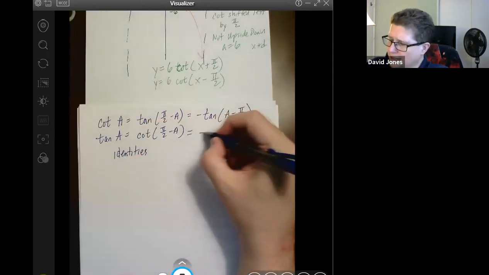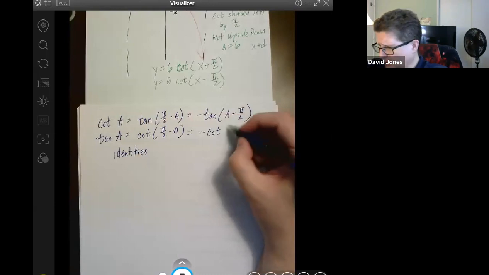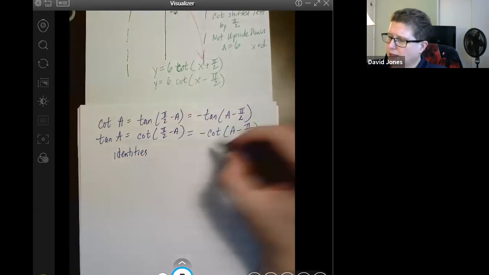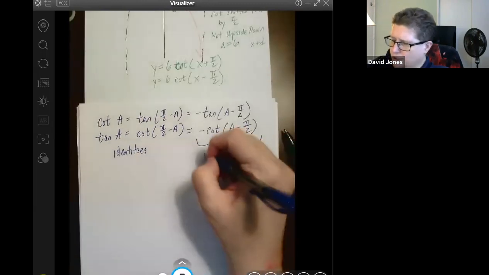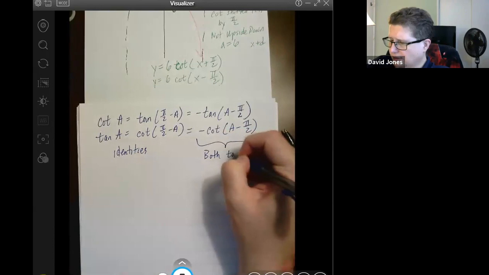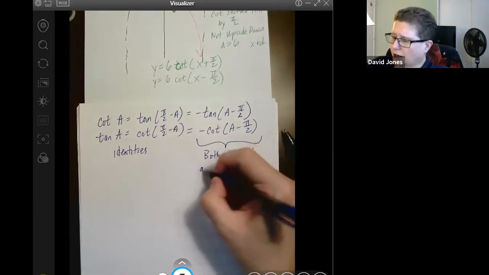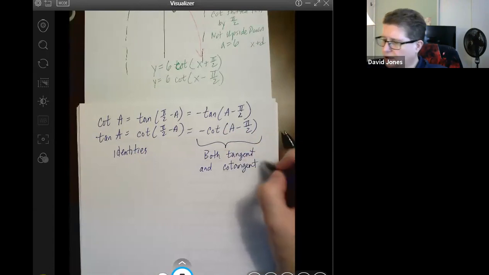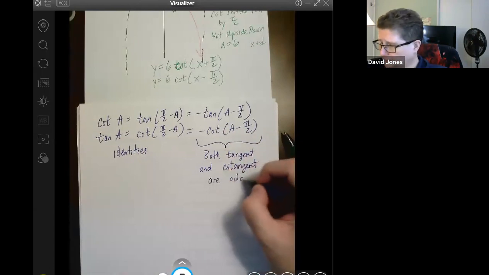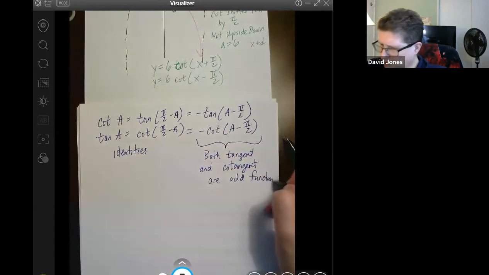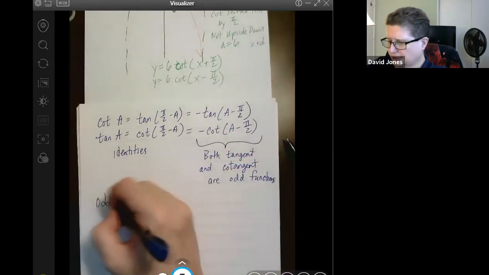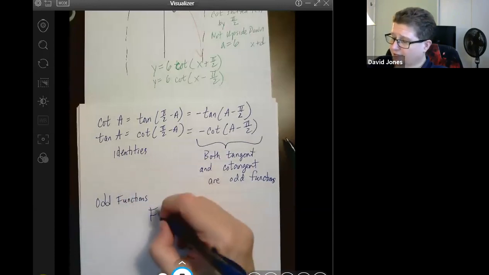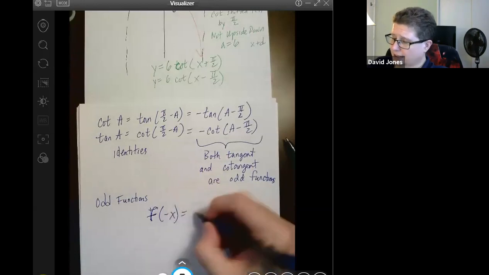And the reason why this happens, if you look at the graph of tangent and cotangent, is that both tangent and cotangent are odd functions. And recall an odd function: f of negative x equals negative f of x.